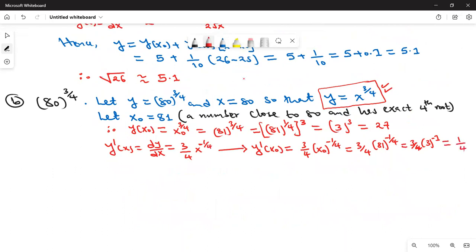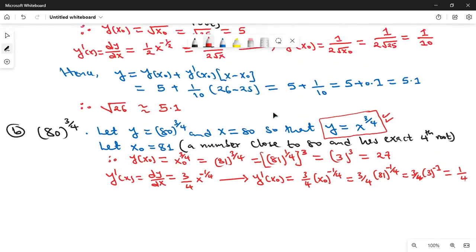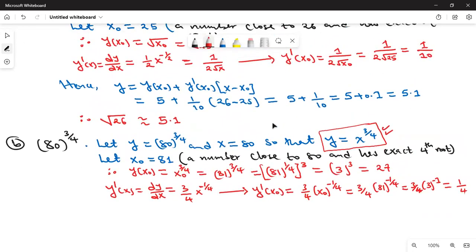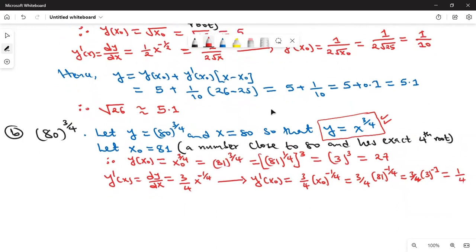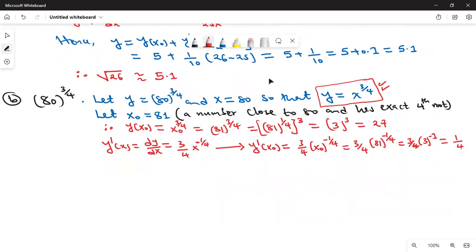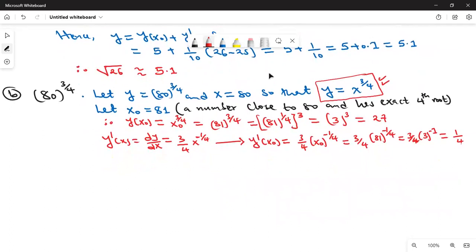Very important. What else do we need to find? Already we have y prime at x naught. And now we need to find the value of y. Approximate now the value of y using the linear approximation. So we can just say, hence, y, if you now need y, is equal to y at x naught plus y prime at x naught times x minus x naught.